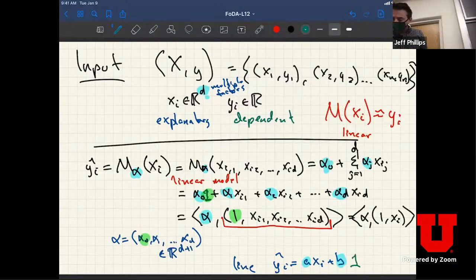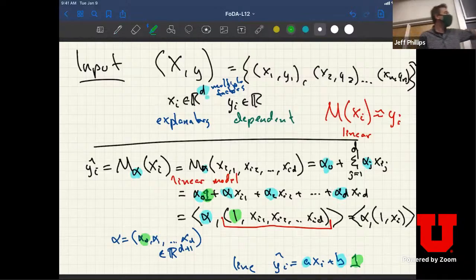I can also put this 1 here in this line. When I had the line model, I could have said b was multiplied times 1, and so really this could also have been a dot product. We wouldn't have had that simpler solution that we saw on Tuesday if we wrote it in this way.